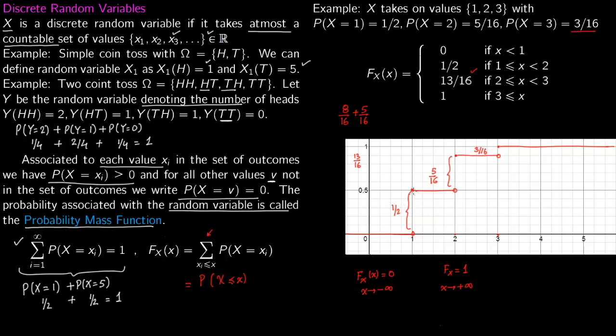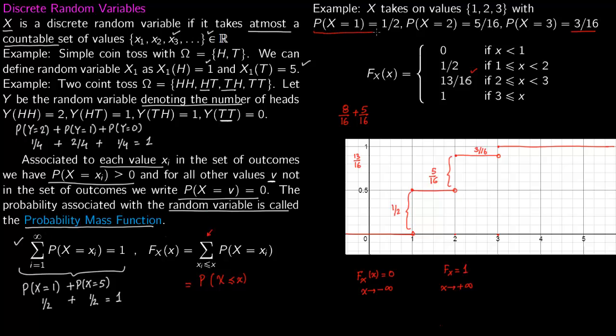And you can see how we add the values up. We are adding the values of the random variable, and that is what the summation sign means. When you're talking about less than or equal to 2, then you're talking about 5 by 16 and half, and that is 13 by 16, and so on. So this is an important example, and the probability mass function is precisely this function.